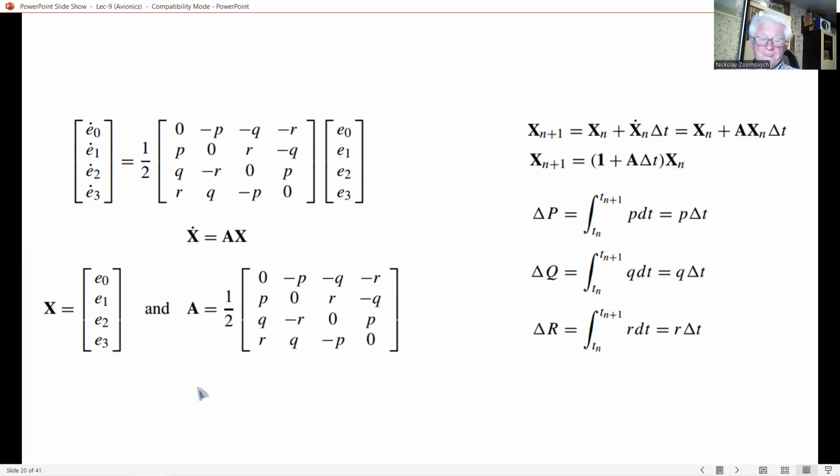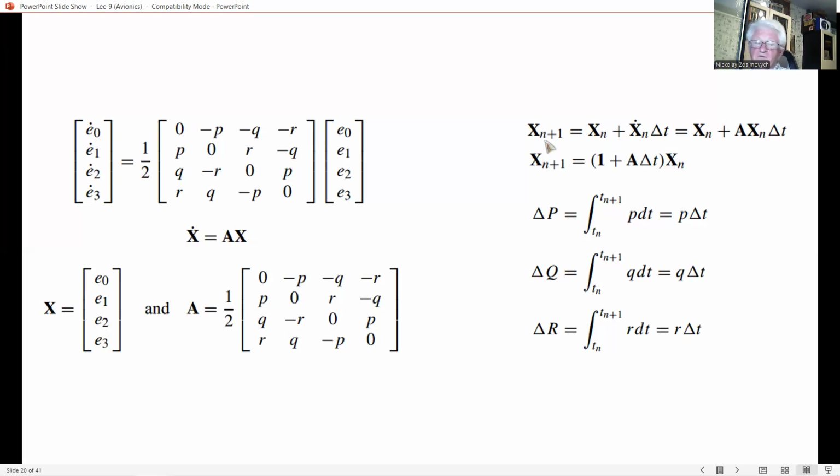This equation can be solved by approximate integration techniques by assuming P, Q, R are constant over a short period of time, say delta t. So we have a short period of time delta t from time tn to time tn plus 1.